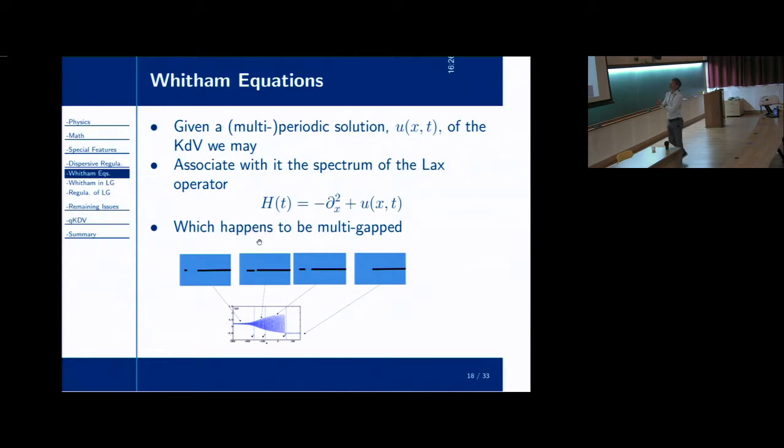What's special about doing that is if U satisfies the qKdV equation, the spectrum of this Lax operator, which is here just a Schrödinger operator, does not depend on time.